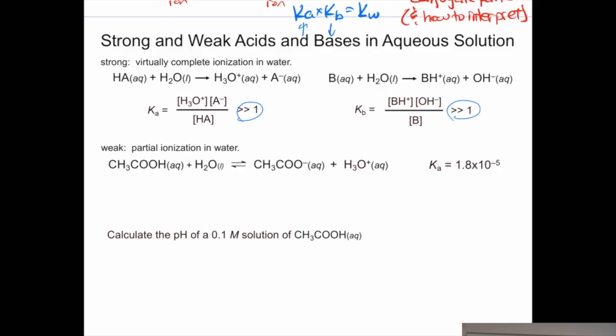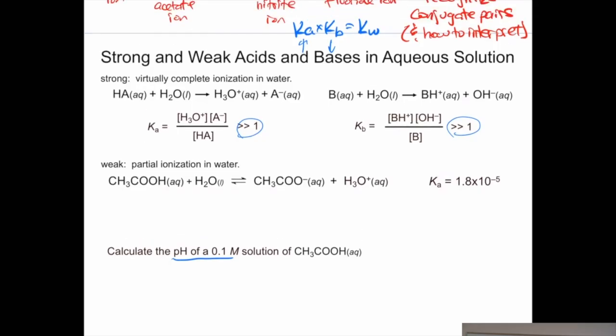So if we wanted to calculate, and I showed you this earlier, but I'll just remind you, we're going to calculate the pH of a 0.1 molar solution. If I gave you a 0.1 molar solution of hydrochloric acid, you know how to solve that one, right?